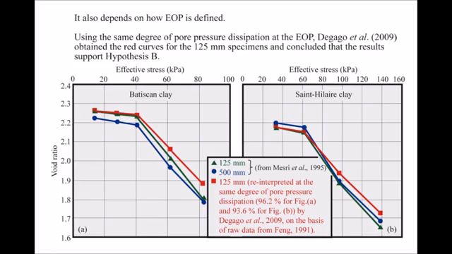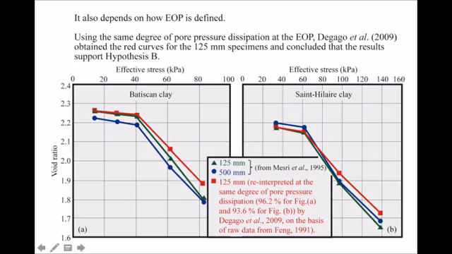And so they looked at the results, but at the same degree of consolidation. And they came up with the red curves for the 125 millimeters rather than the green here.